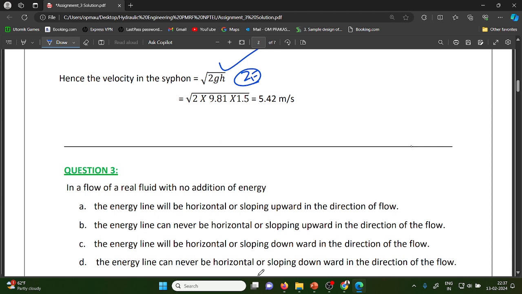In a flow of a real fluid with no addition of energy, please think on this question and try to give the answer. Whether A, B, C, D, which one will be correct? Think. Real fluid means what? Your viscosity will be there in the fluid.